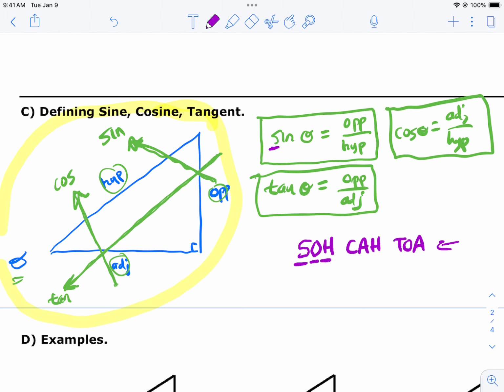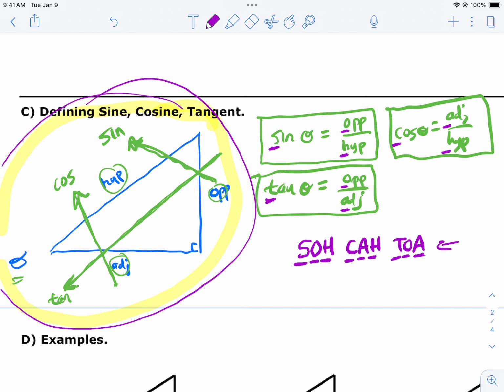Get it? Sine is opposite over hypotenuse. Ain't that something? Cosine is adjacent over hypotenuse. Okay, see? Cosine is adjacent over hypotenuse. Tangent is opposite over adjacent. That's right. Tangent is the opposite over the adjacent. So that little word, SOH CAH TOA, or I think of it as 3 little words joined together, basically contains all of this information in one little phrase.